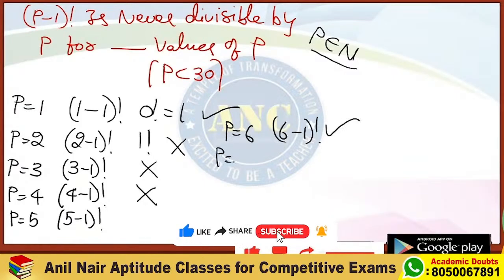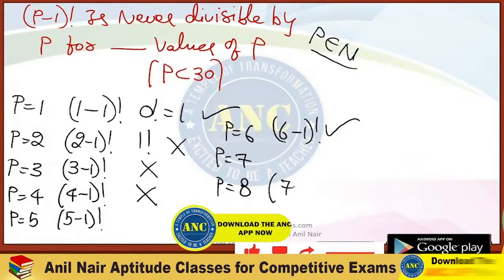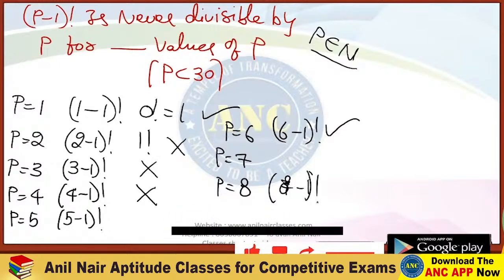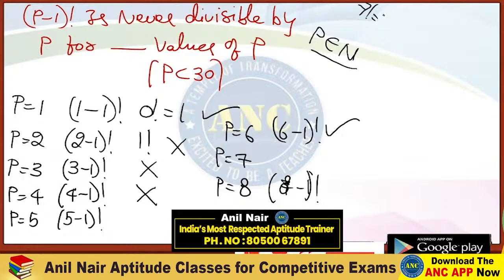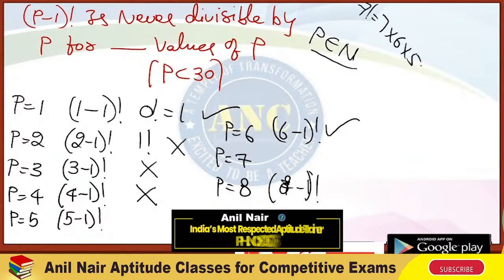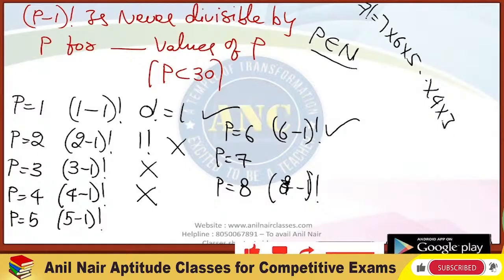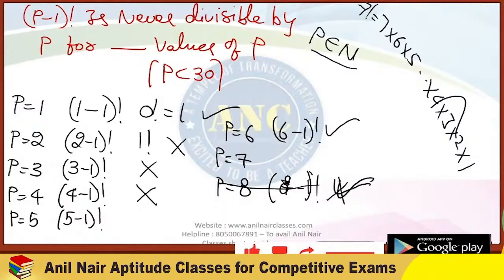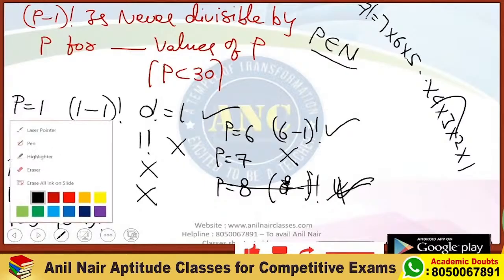If P is 7, 8, we will stop here because I want to derive. 8 minus 1, 7 factorial, which is 7 into 6 into 5 and so on, up to 4 into 3 into 2 into 1. It is divisible by 8. Now, where all we got cross marks, if you observe, you will get the answer easily.